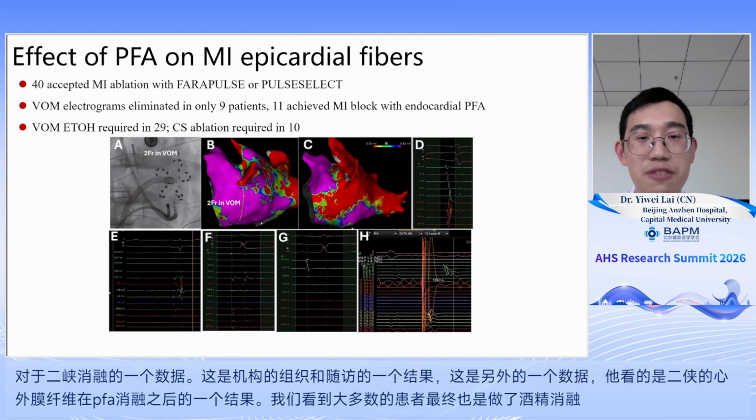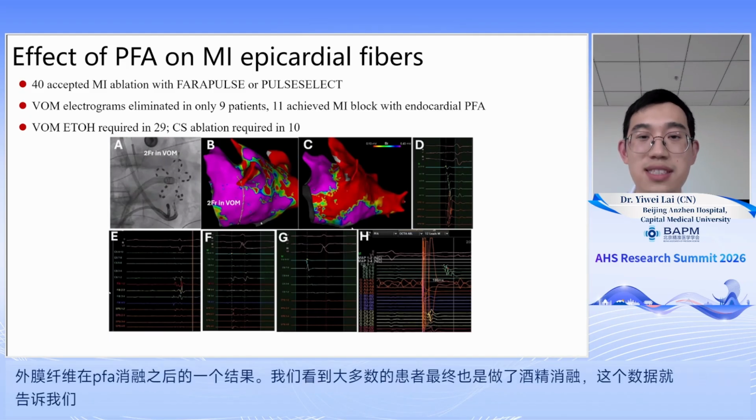So this data tells us that even with PFA nowadays, it is still difficult to eliminate the epicardial fiber, and for the high acute block rate in the bidirectional block cases, many of them actually had damage to the epicardial fiber.